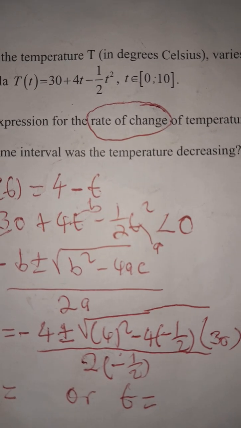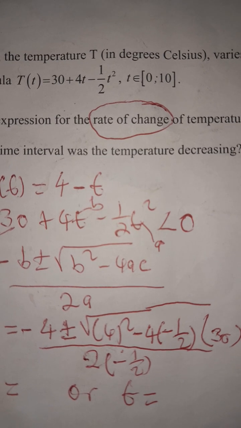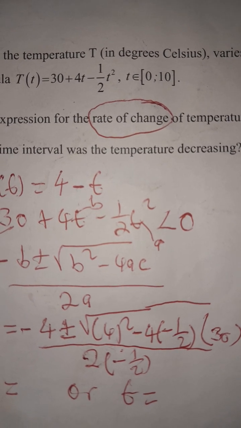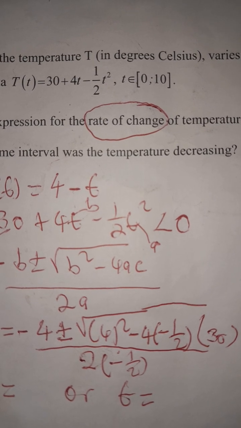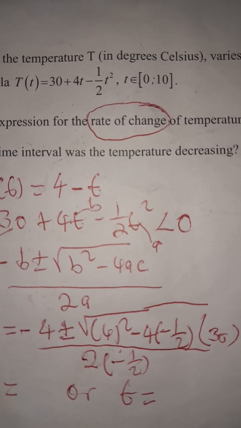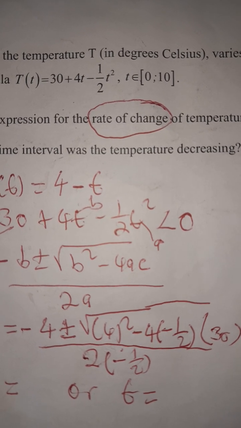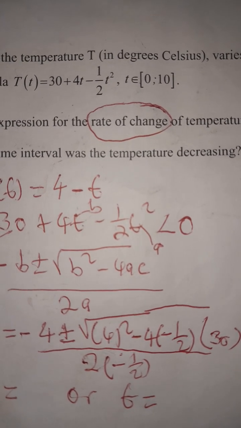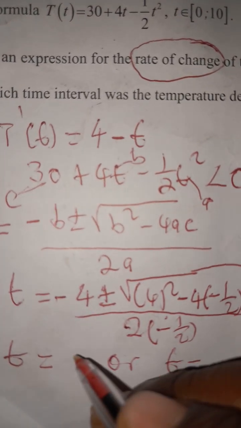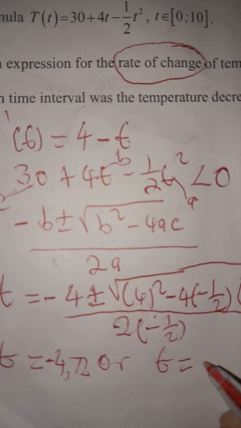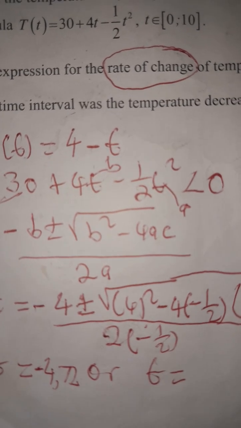Remember that where there's A, you put your negative half, and where there is C, you put 30, divided by 2 multiplied by negative half. From there, we get t as negative 4.72.